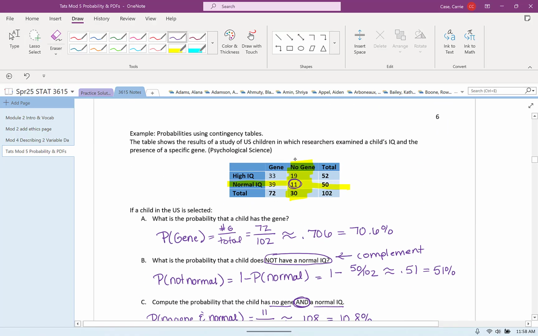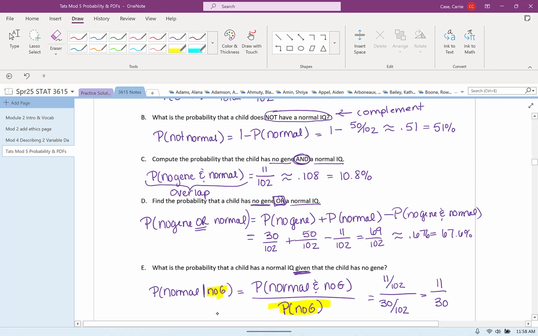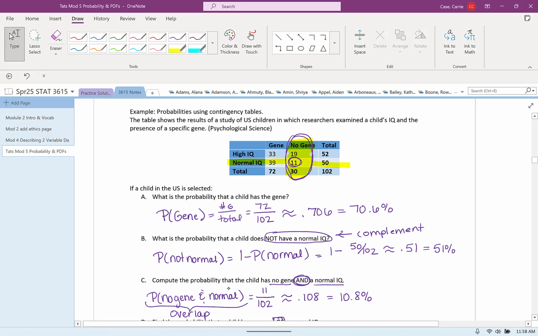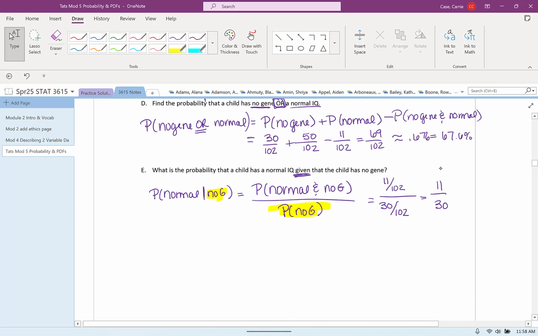And no gene, there are 30 of those out of 102. And that is 11 out of 30. By the way, if you see the other way to do this and automatically looked at the table and thought, oh, it's just 11 out of 30, your method will always work and you can use that method. 11 out of 30 is approximately 0.367 or 36.7%.